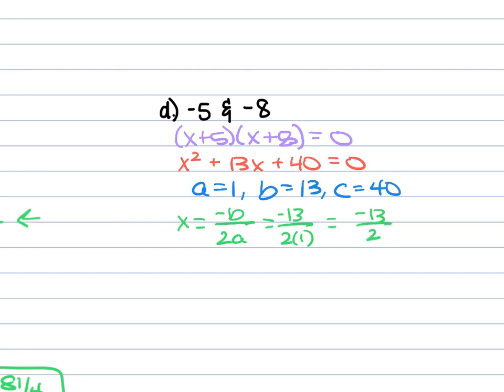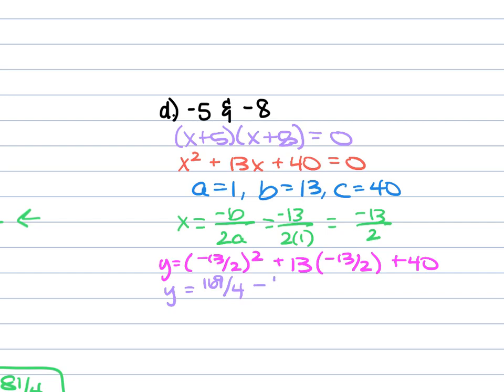We plug that in. We're going to have y is equal to negative 13 over 2 squared plus 13 times negative 13 over 2 plus 40. The negative 13 over 2 squared is 169 over 4 plus the 13 times negative 13 is negative 169 over 2 plus 40.